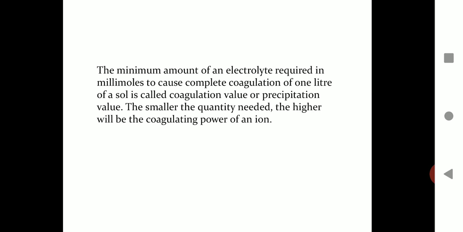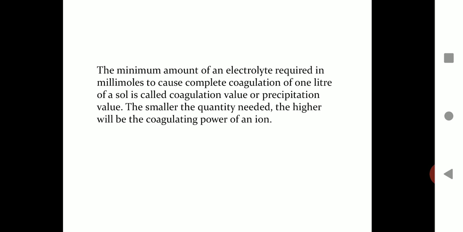Now the coagulating power of these coagulating ions can be expressed in terms of their coagulation or flocculation or precipitation value. Now what is meant by the term coagulation value of a coagulating ion?